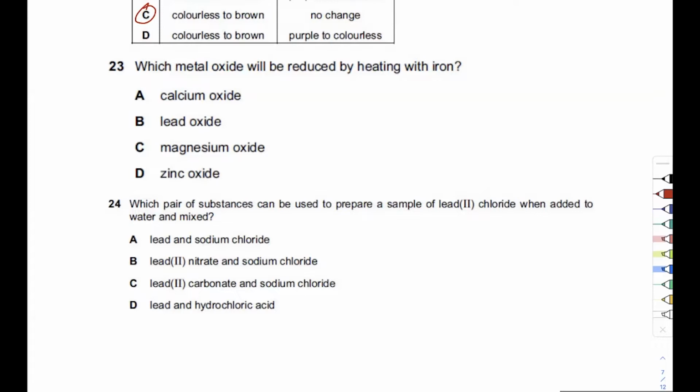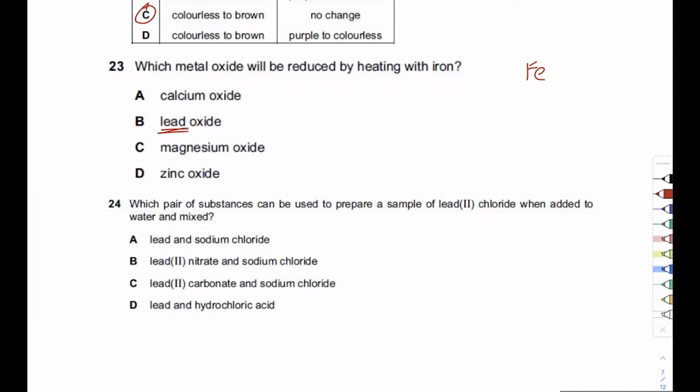So we start with whatever the things are. We just have to know that because we're using iron, things must be less reactive than that. So what is less reactive than iron? That is lead. That's the only one that's less reactive than iron.